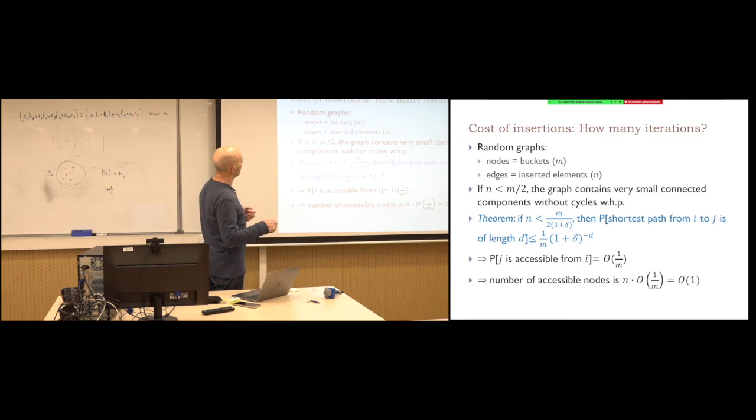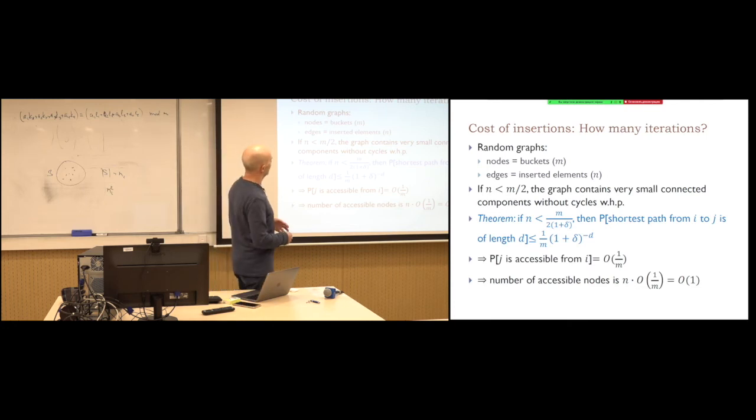So what I'm saying now is that if we have few objects with respect to the size, in other terms, if we have few edges compared to the number of nodes, then loops will be very, very unlikely, very rare in the graph. For people who are familiar with random graphs, this is a very basic fact.